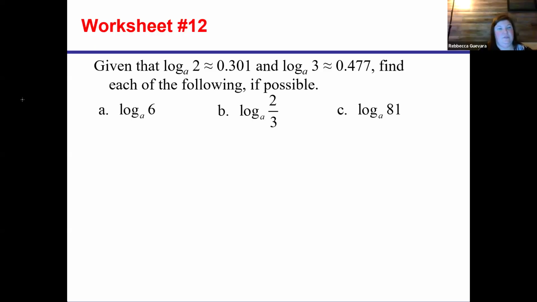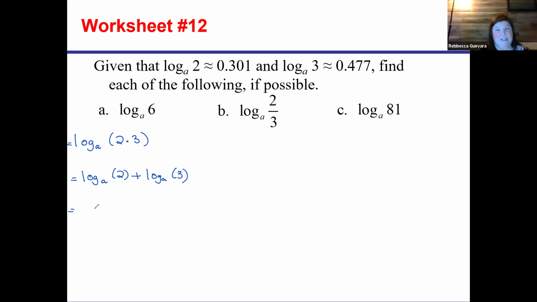Okay, so the first two are a little easier to see in some ways. So we have log base A of 6. This can be looked at as log base A of 2 times 3 instead of 6, which we can rewrite as log base A of 2 plus log base A of 3.